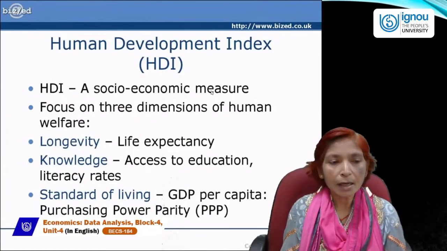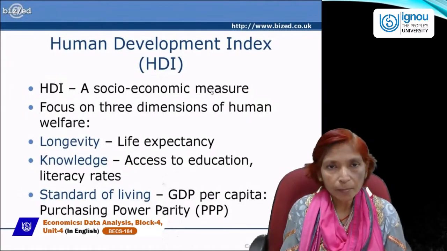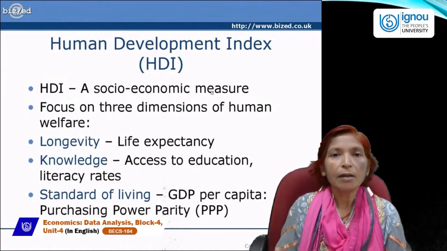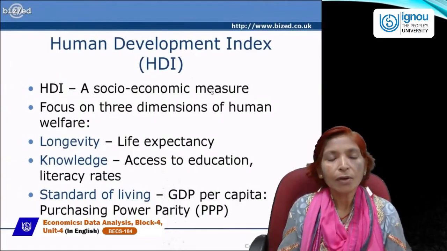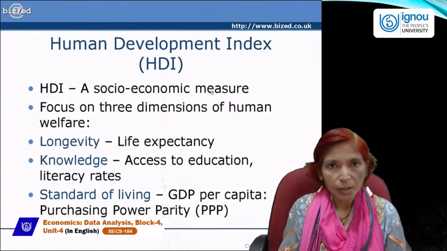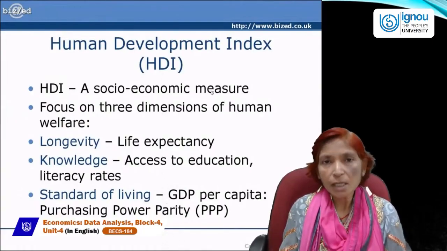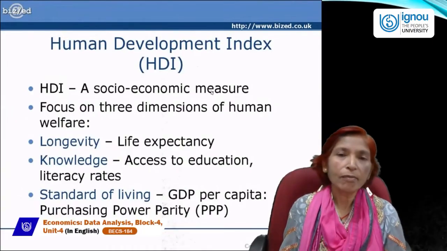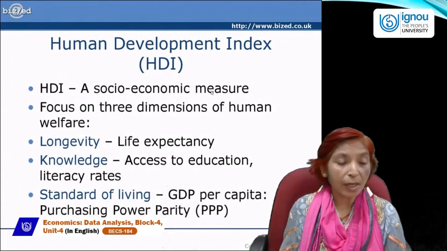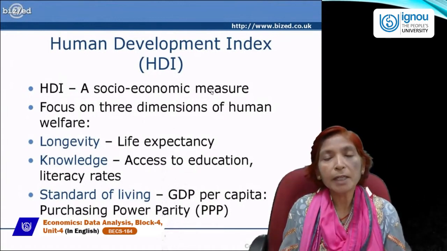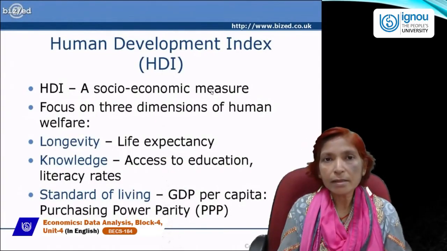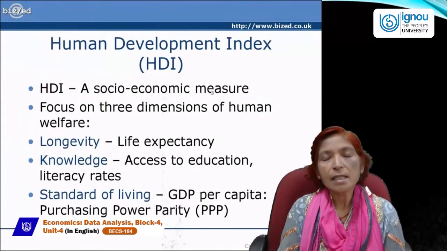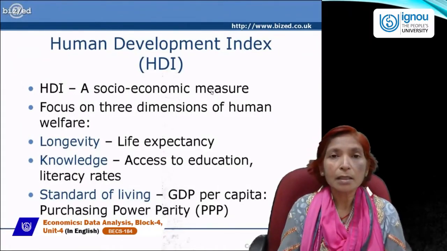These three dimensions are longevity. Longevity means life expectancy. It means how long a person wants to survive or live. In India, the average age is around 65 years. But in developed countries, the average age is around 80 or 85 years, and in some countries, 90 years.